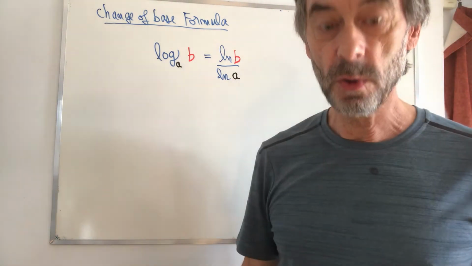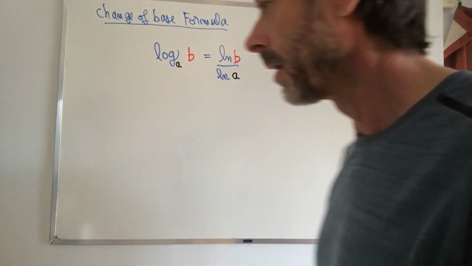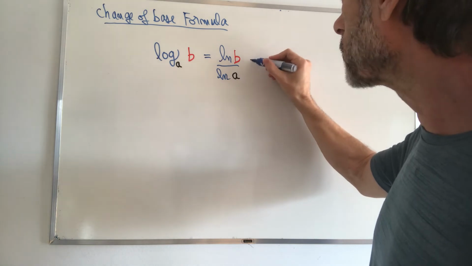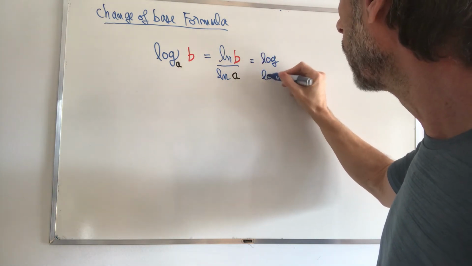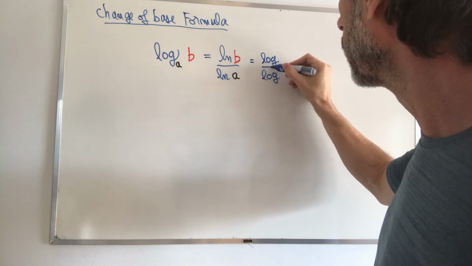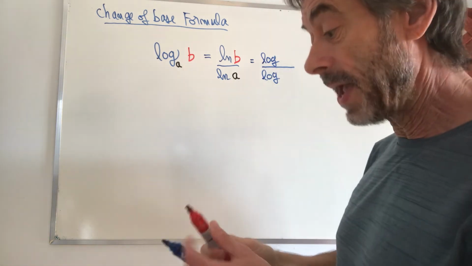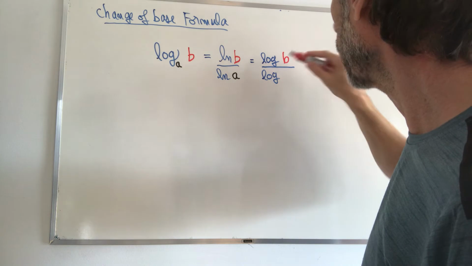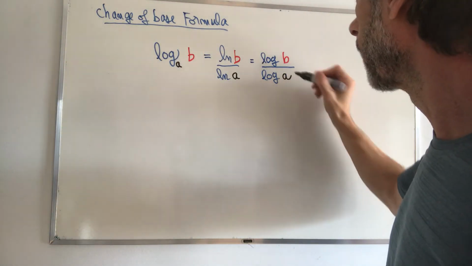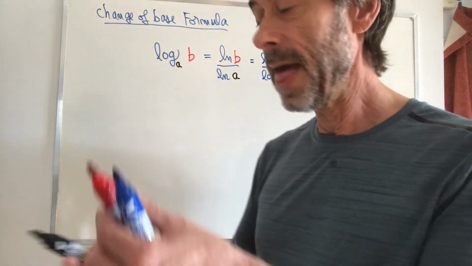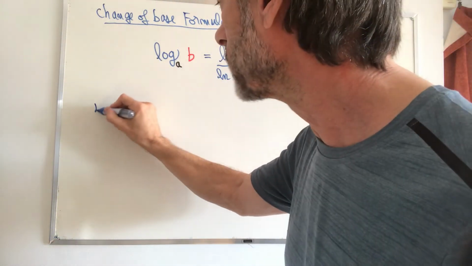Ln of b over ln of a. Now, this is also the same thing as log of b over log of a. The base of the log here is irrelevant. So, for example, too many colors. It's confusing.